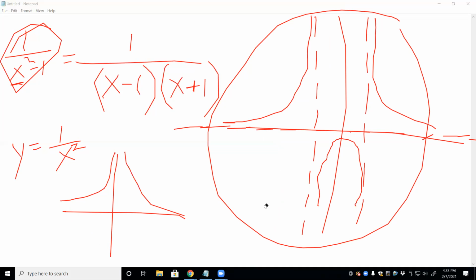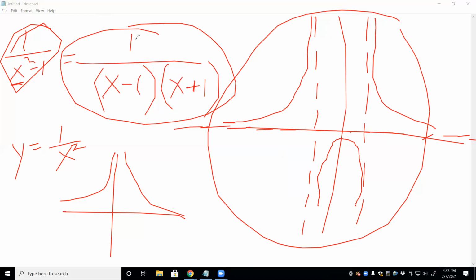Okay. So again, just to clarify, the way you could actually tell whether this middle part crosses the x-axis or not is by seeing whether y is ever 0. In other words, is this function ever 0? Because for that middle part to cross the x-axis, you would have to have it be 0, right?